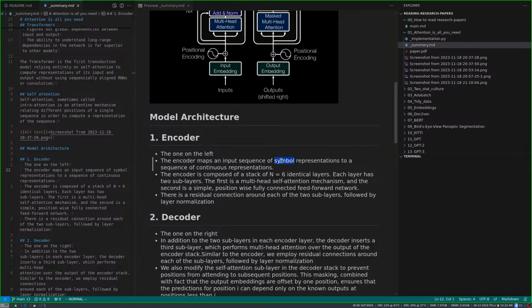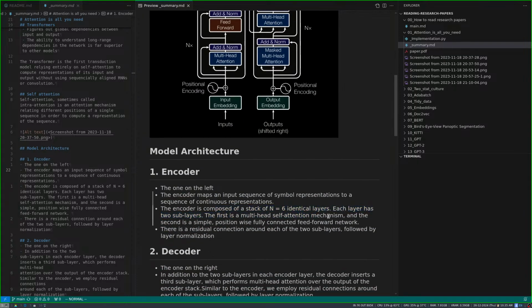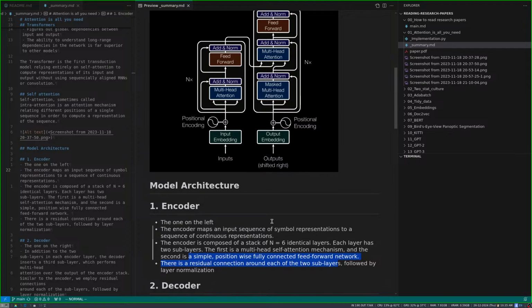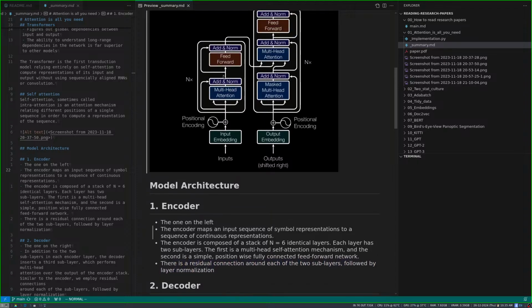Is it an integer? It is composed of six identical layers. Each layer has two sub-layers. The first is a multi-head self-attention mechanism, and the second is a simple position-wise fully connected feed-forward network. There is a residual connection around these two sub-layers followed by layer normalization.